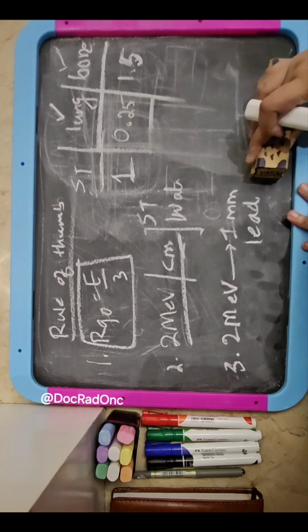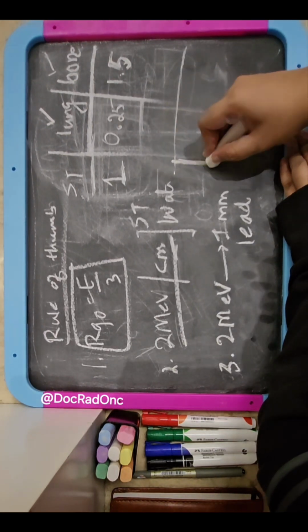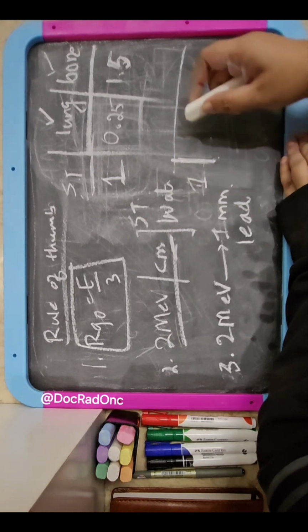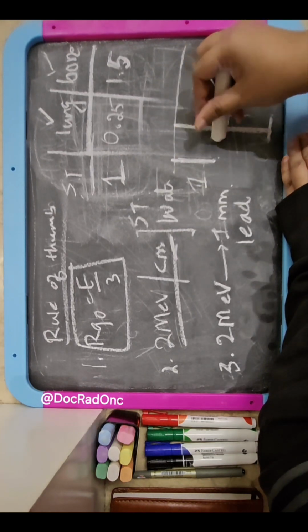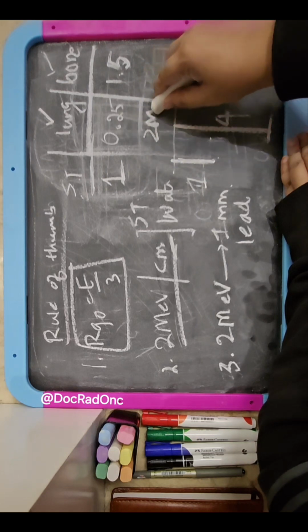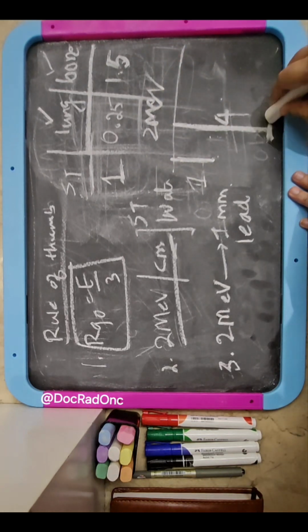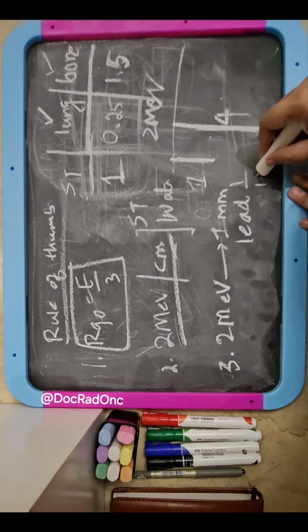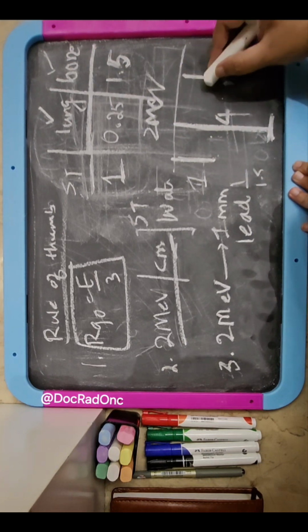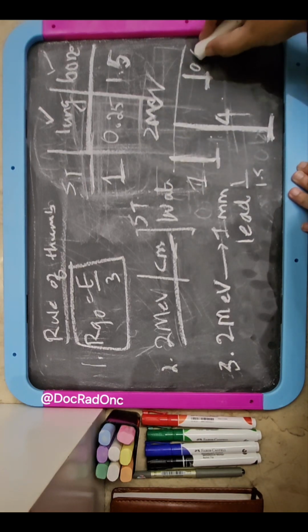So if it travels 1 centimeter in soft tissue, then it travels 4 centimeter in lung, for the same energy, for example 2 MeV. It travels 4 centimeters in lung, and in bone it is 1 divided by 1.5, that is 0.6. It travels less than it travels in the soft tissue.